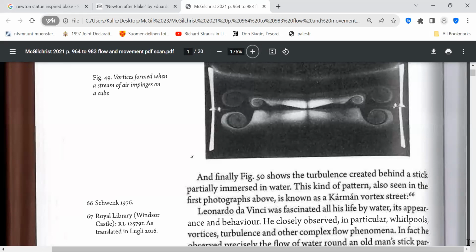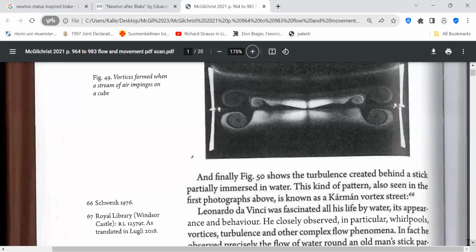This kind of pattern, also seen in the first photographs above, is known as Kármán vortex street. What do you mean by vortex? What is a vortex? Virvel, yeah.